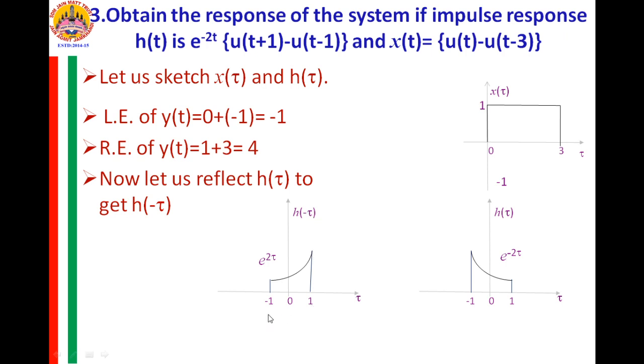If you shift by an amount of 1 to this side, it will exist from minus 2 to 0. If you shift to this side by one amount, it will exist from 0 to 2. So this end is t minus 1 and this end is t plus 1.